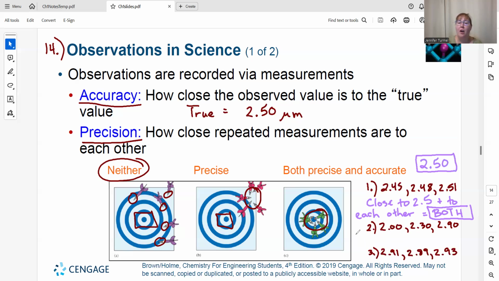These are all very far away, so very far from 2.5 and far from each other. So this one here is neither precise nor accurate. This one at the bottom, we have 2.9, 2.89, and 2.93, and these are close to each other, but not to the target. So this would be considered precise.